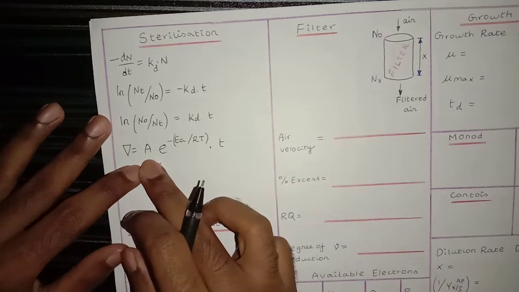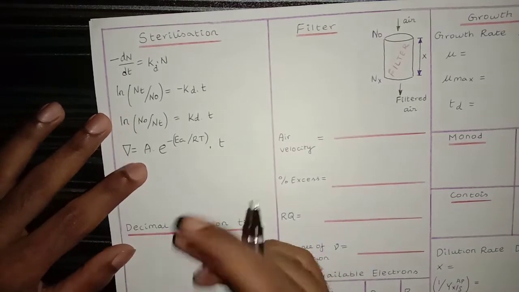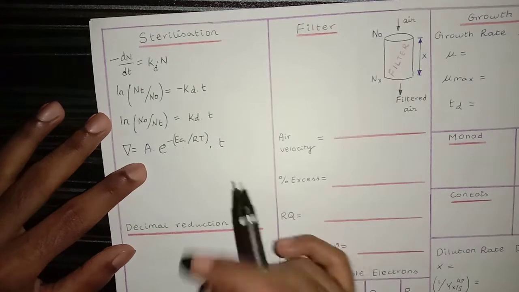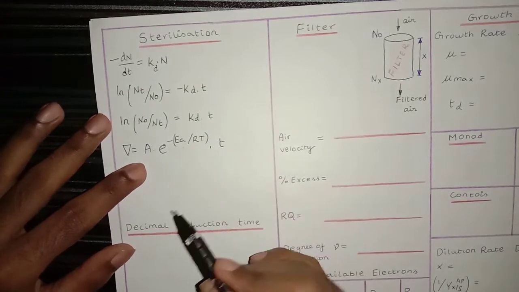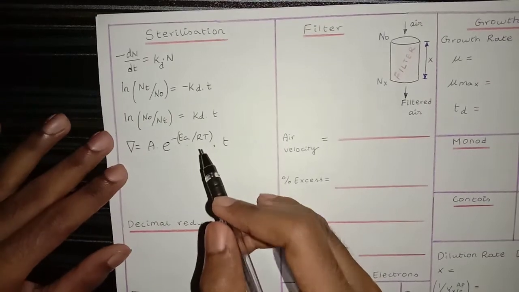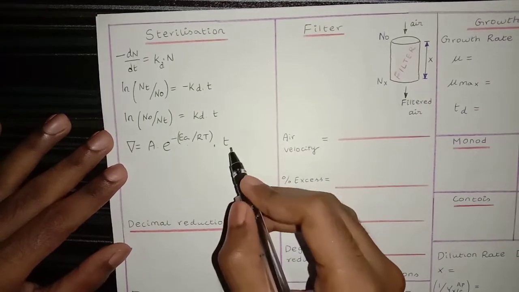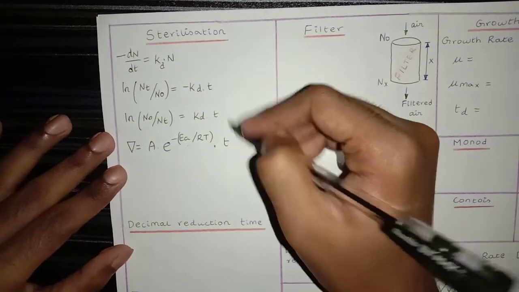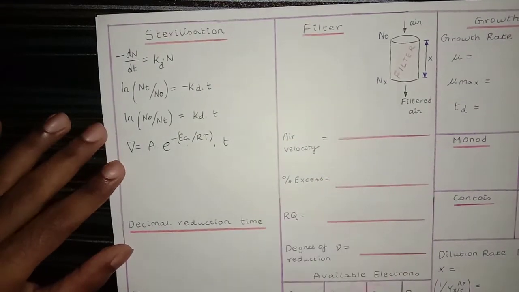Here A is the frequency factor or the Arrhenius constant, Ea is the activation energy, R is the universal gas constant 8.314 joule per mole Kelvin, T is the temperature of sterilization, and t is the time of sterilization.